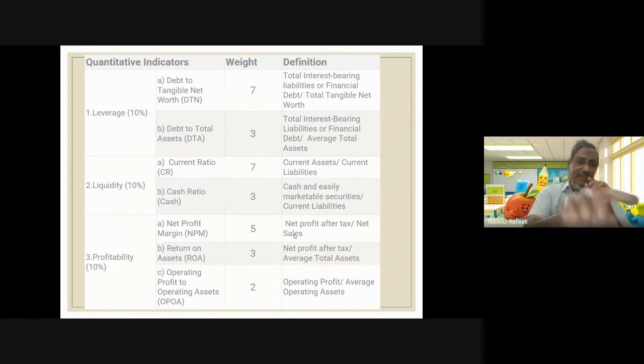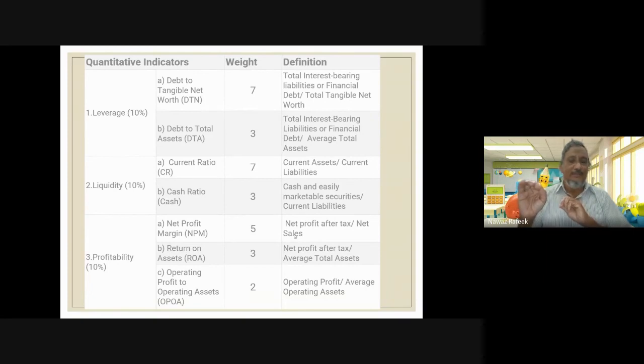Leverage is 10%. Out of that, 7% is for debt to tangible net worth, and debt to total assets is 3%, altogether 10%. The definition is total interest-bearing liabilities of financial debt divided by total tangible net worth.